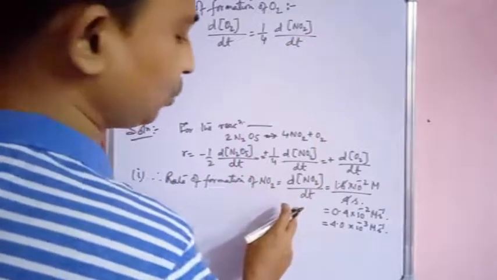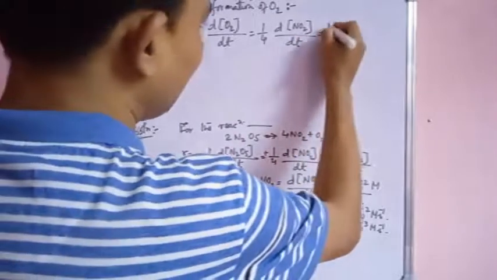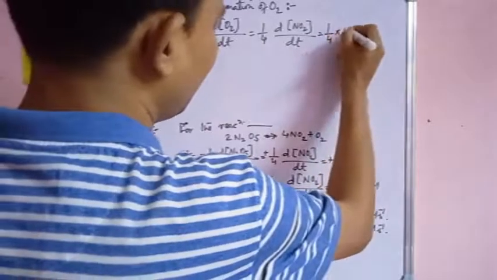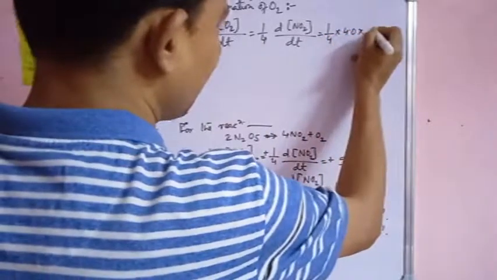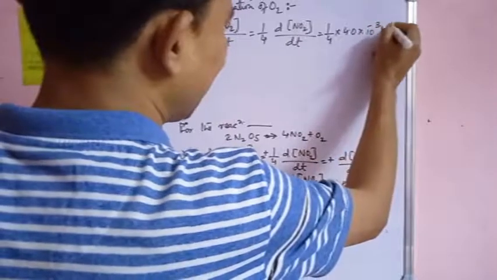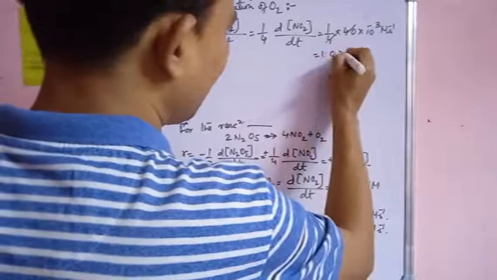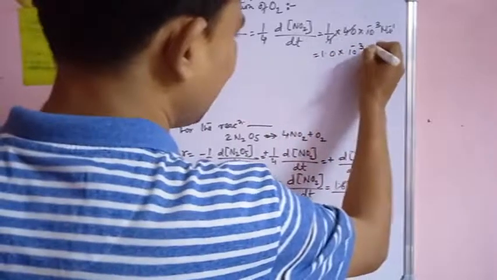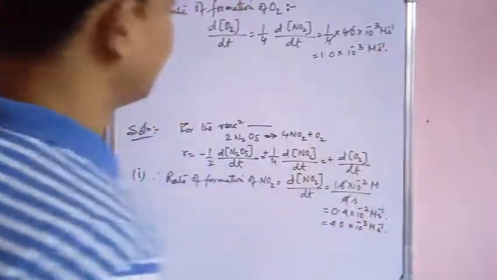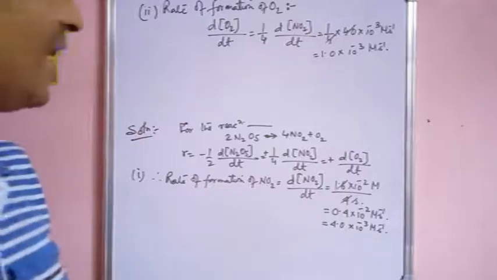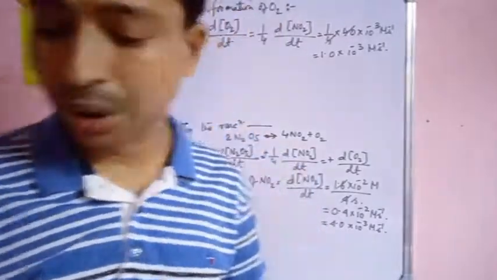It is 4.0 × 10⁻³ M per second. So it is equal to 1 by 4 into 4.0 × 10⁻³ M per second, that is equal to 1.0 × 10⁻³ M per second. So this dO2 by dt is the rate of formation of O2.